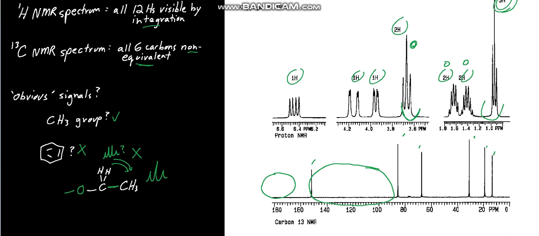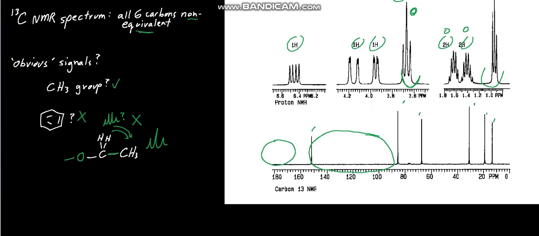All right, so let's dial it back to where we have our methyl next to a CH2 group. Here's our methyl triplet at, let's call it 0.8 ppm. And let's say that this CH2 is one of these more highly split signals here.